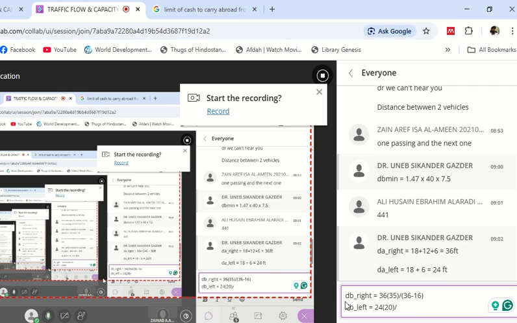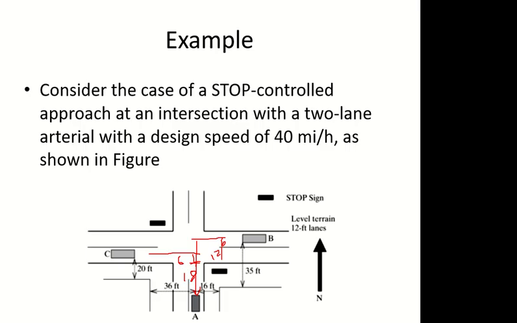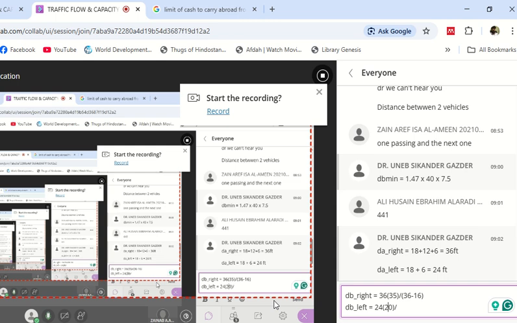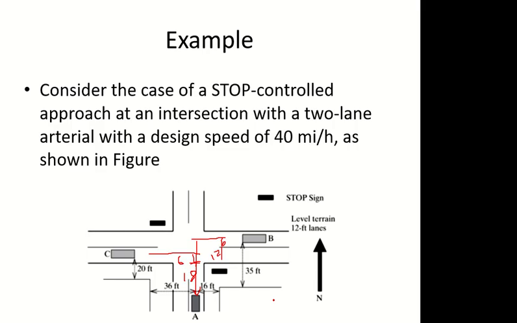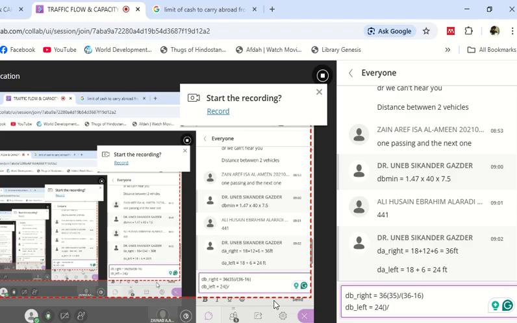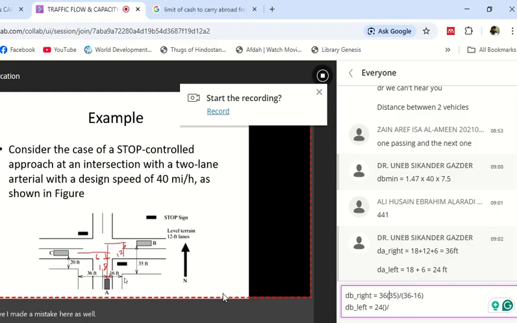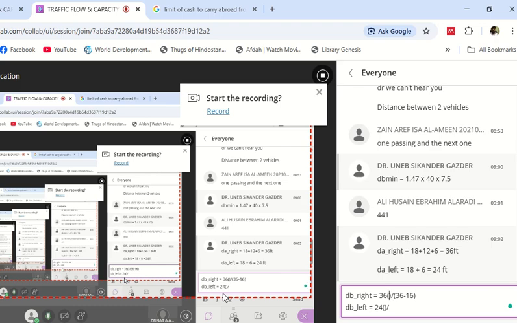My A is this one, right? I believe I made a mistake here as well. Obstruction, this one, yes, should be 16.